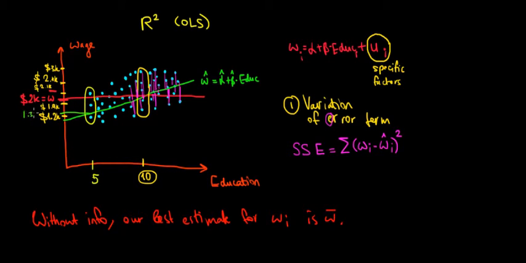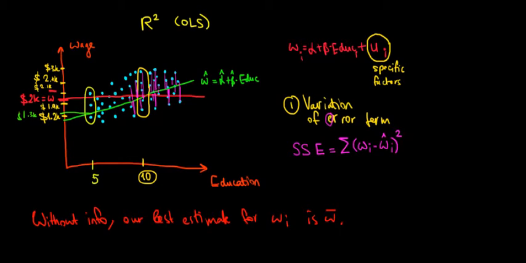So the difference between the best guess, which would be literally a guess without any information, and what we're actually predicting by having the information is an improvement in our prediction, the fact that we're able to predict a different value than the best guess.